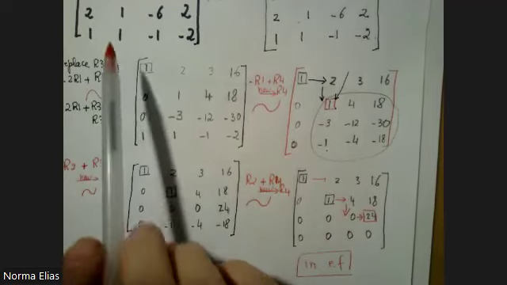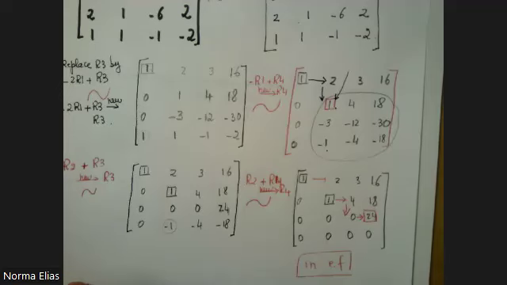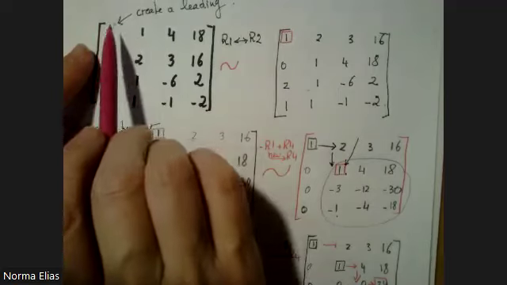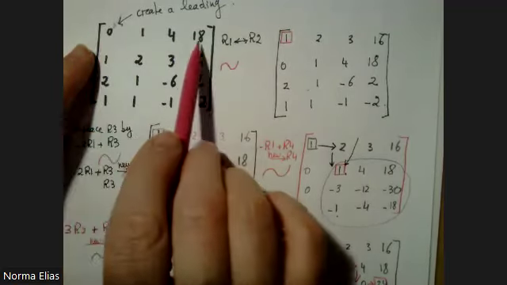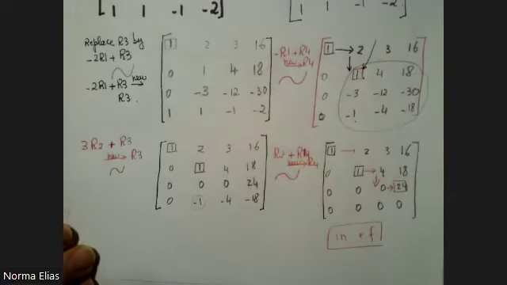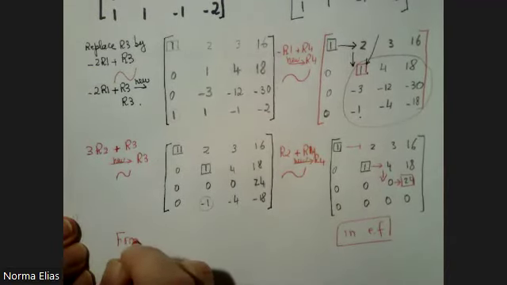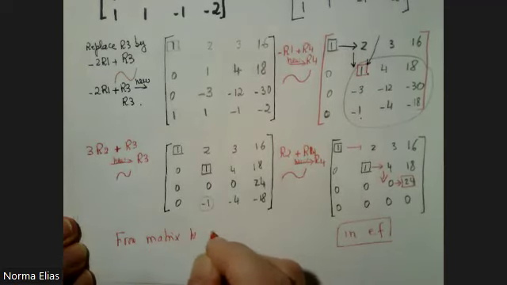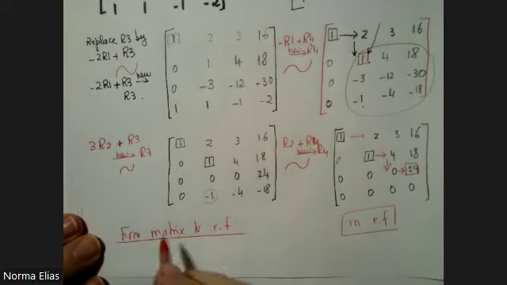Okay, so let us repeat a little bit how we go from any matrix to echelon form. What is the algorithm? We basically do the following. We move from top to bottom, left to right.